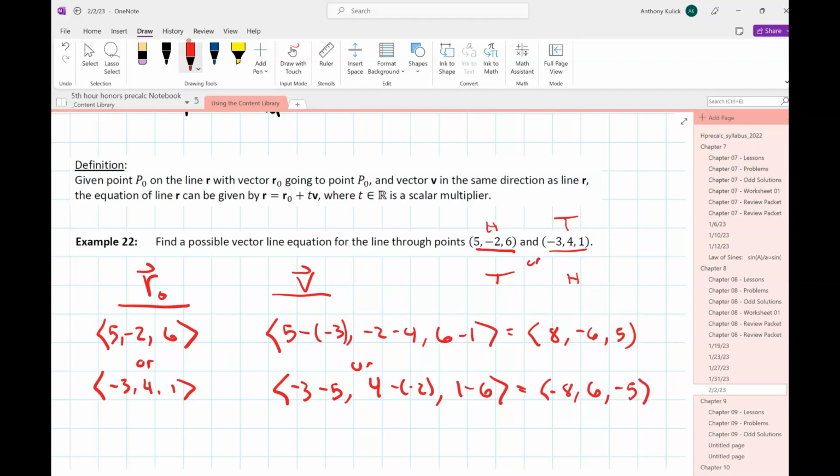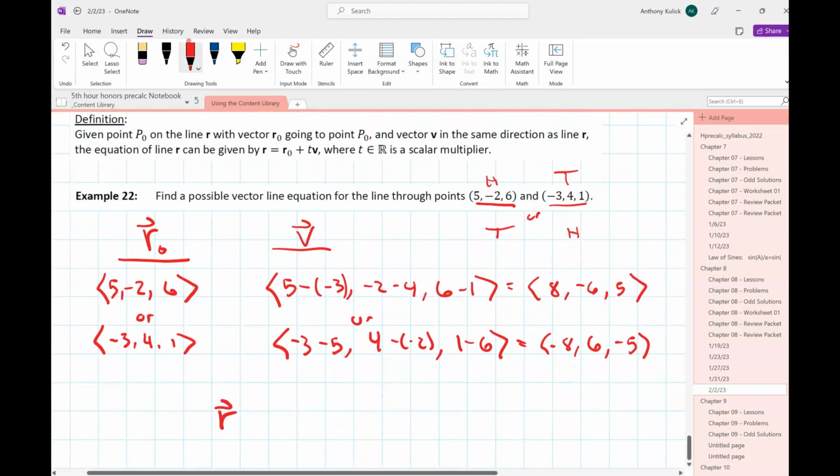What do you notice about those 2 V's that we found? They're just the opposite signs, right? Not surprising. If I take the same vector and go head to tail, and then tail to head, all you have are vectors going opposite directions, which we know is just a negative sign.